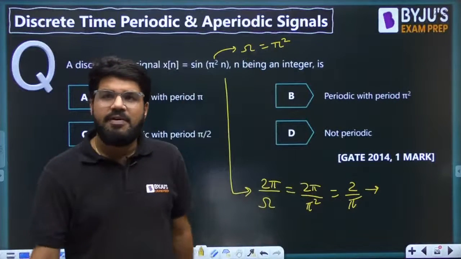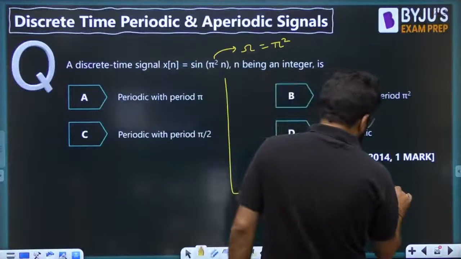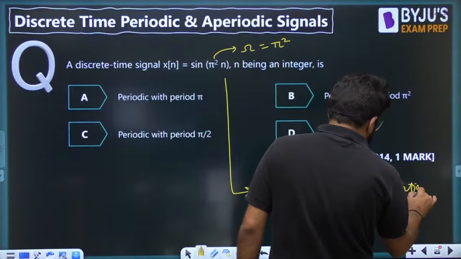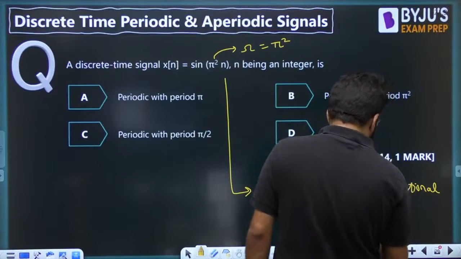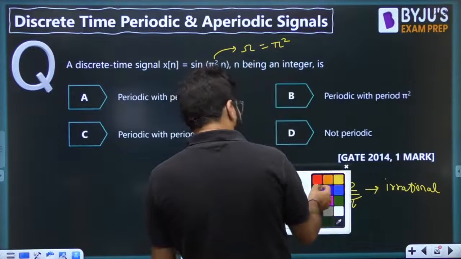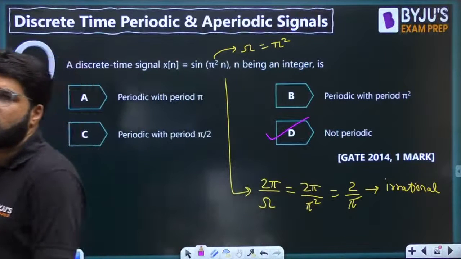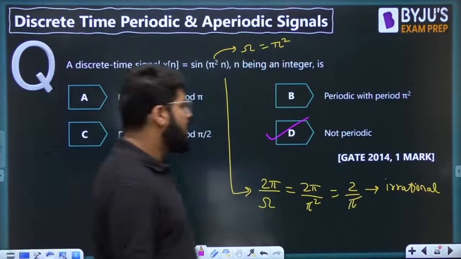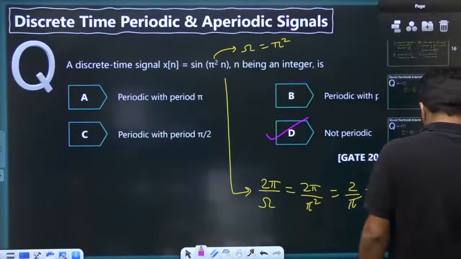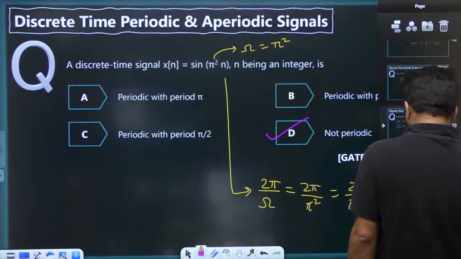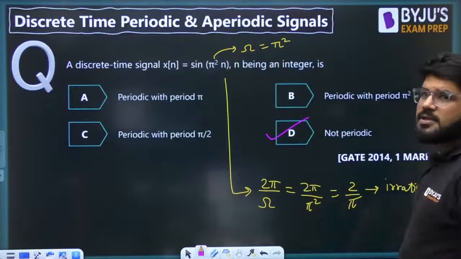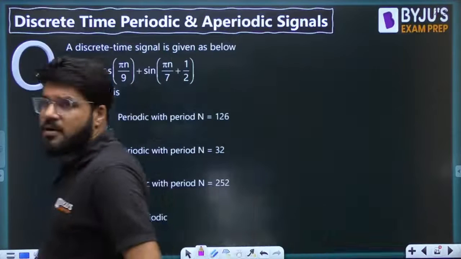Whenever there is π, it makes the quantity irrational, because π is an irrational number. So what is the given answer? The signal itself is not periodic, because 2π/ω is irrational.